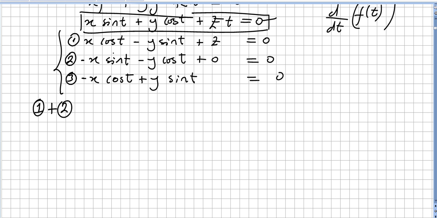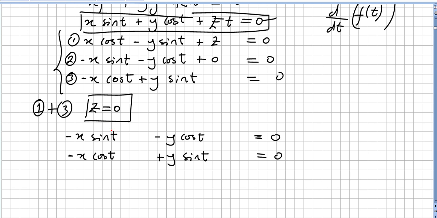If I add 1 plus 3, this and this will cancel, this and this will cancel, and we will get z equal 0. So we already have one value for the scalars.